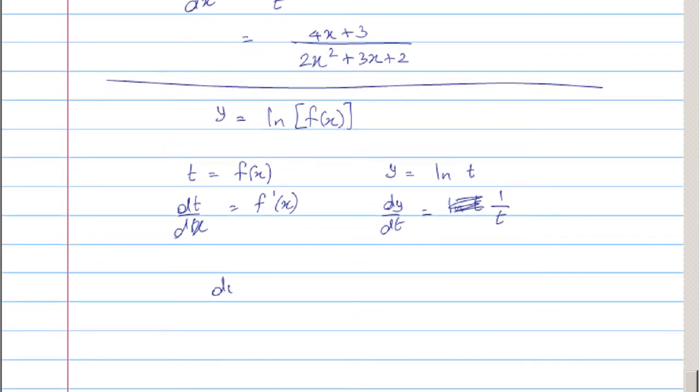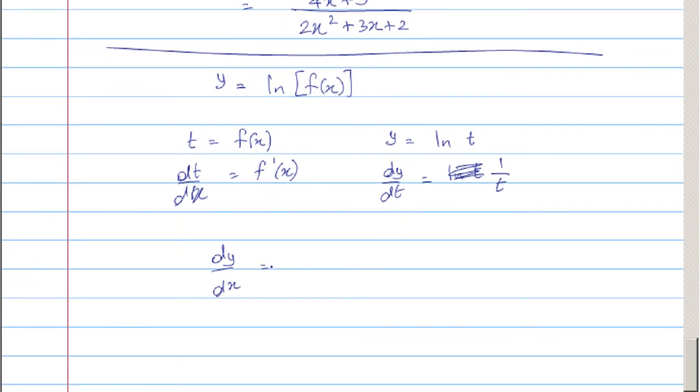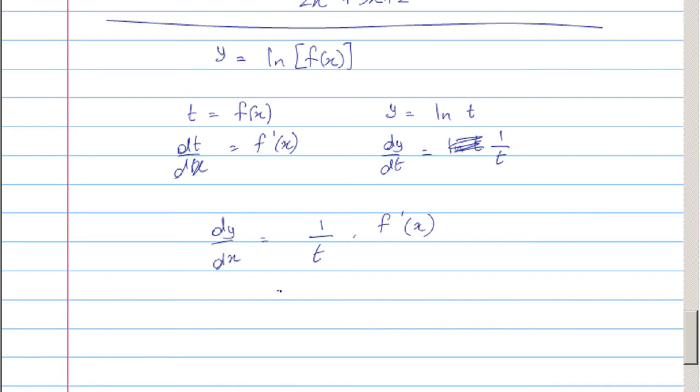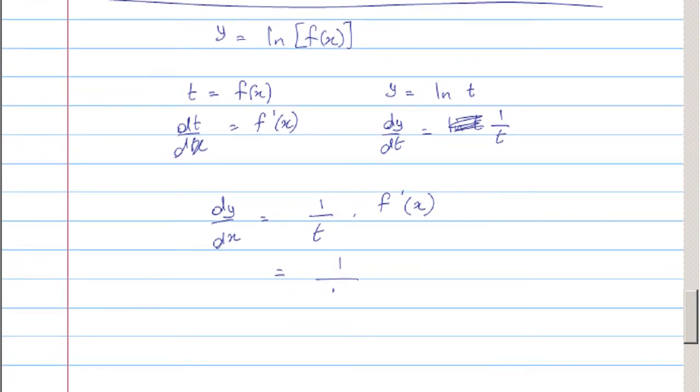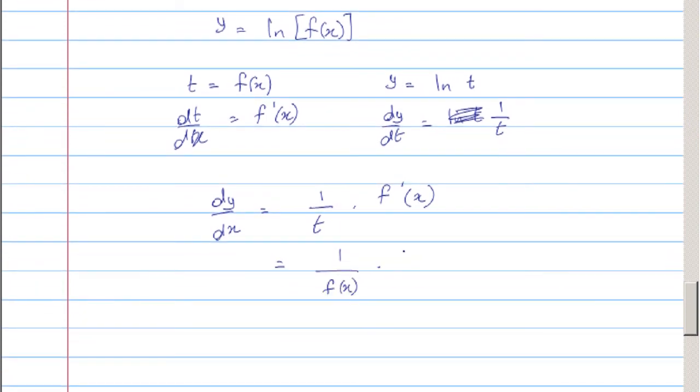And by the chain rule, I get dy over dx is equal to 1 over t times dt over dx, which is f dash of x. And substituting back for t, I get 1 over f of x times the derivative of f of x.